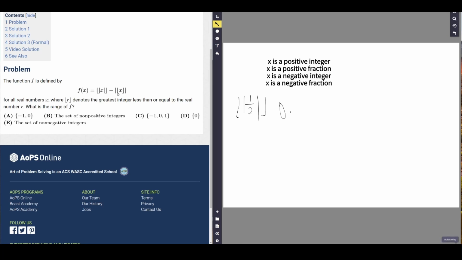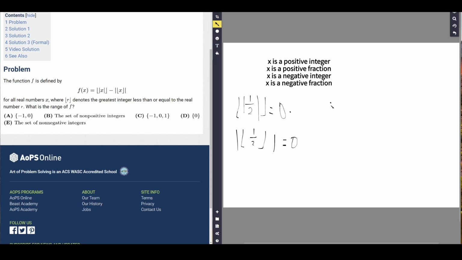Then if you do the reverse, the greatest integer less than or equal to 1/2 is 0, and the absolute value of that is still 0. So it's 0 minus 0, which is still 0. That means for positive fractions, it's going to be 0 again.